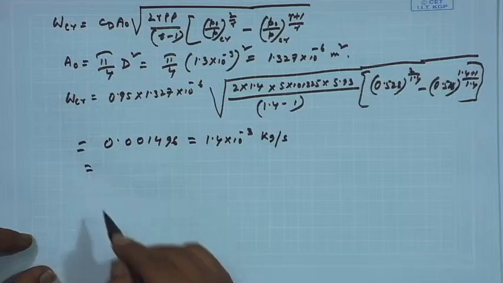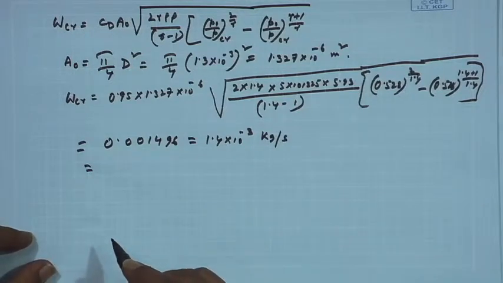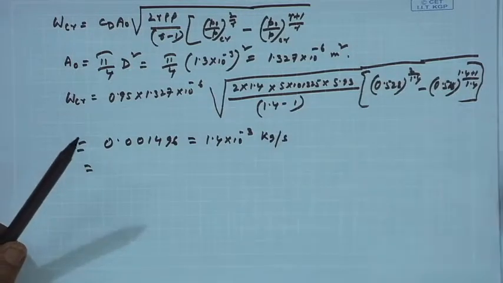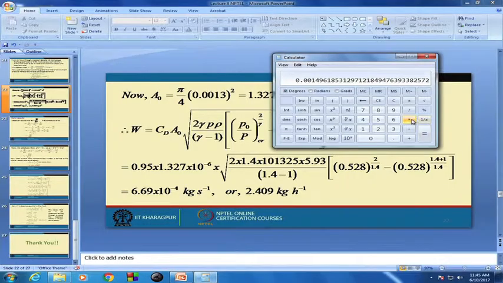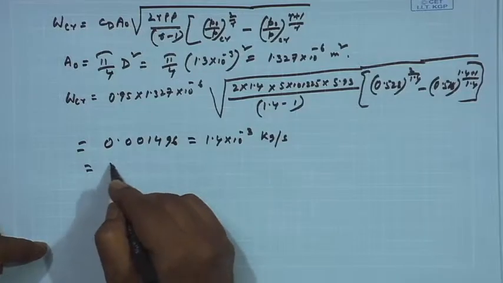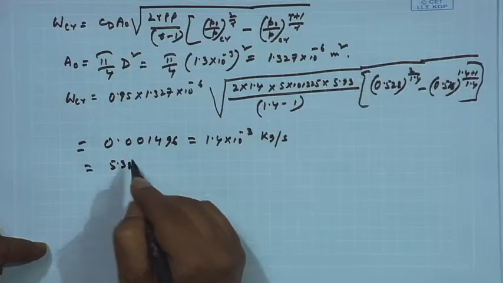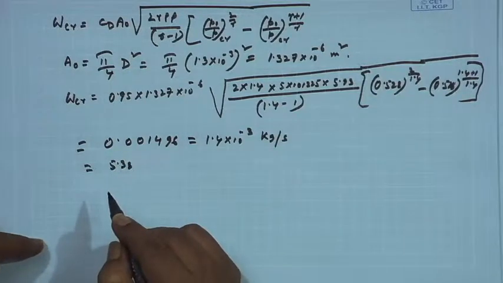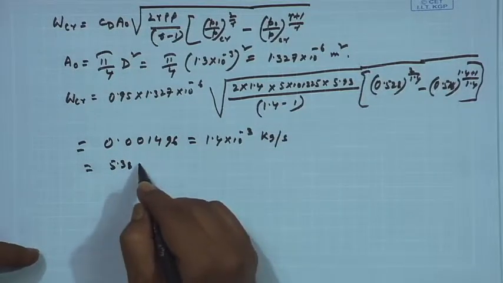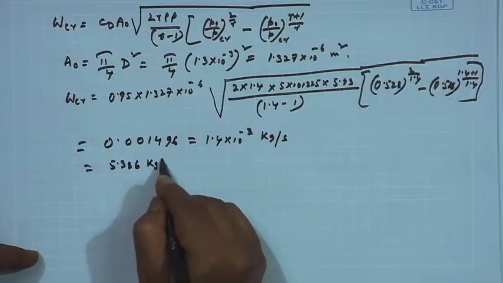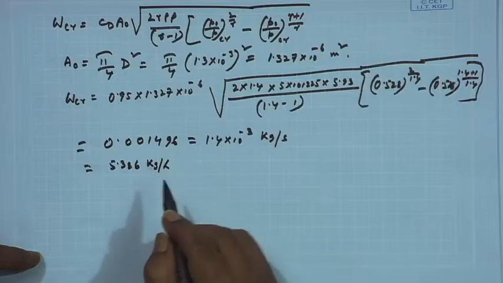So, this can be made into kg per hour by multiplying by 3600, which is equal to 5.386 kg per hour, right.